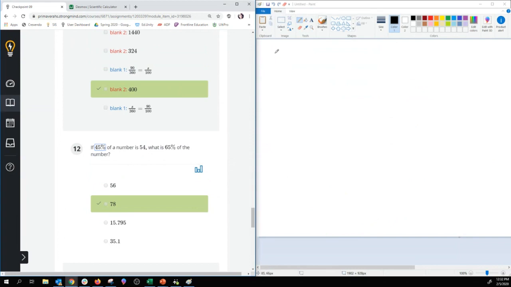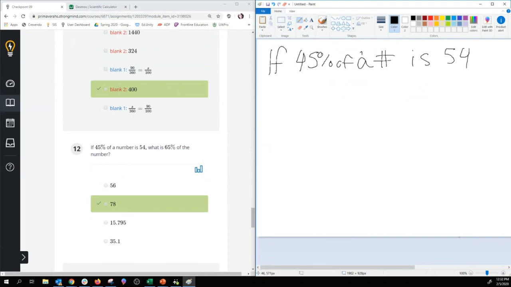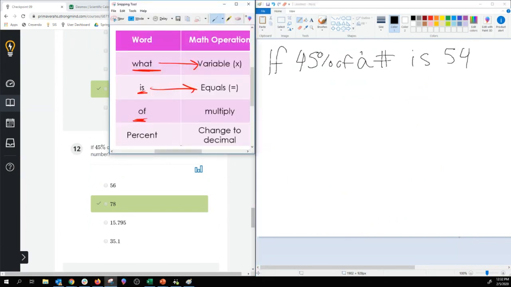Okay, so I'm going to write this over here. If 45% of a number is 54. So let's leave it like that. If I pull up my little chart, right, that tells me what each of these words represent when I change it to a math operation, I start with 45%. That needs to be changed to a decimal, right? 45% needs to go to a decimal. So that's 0.45.